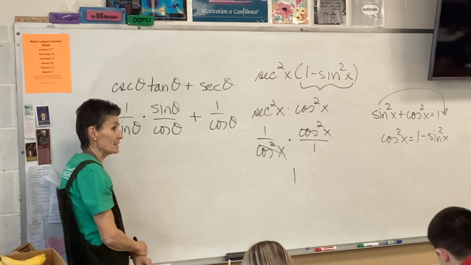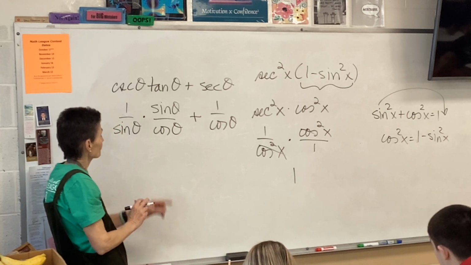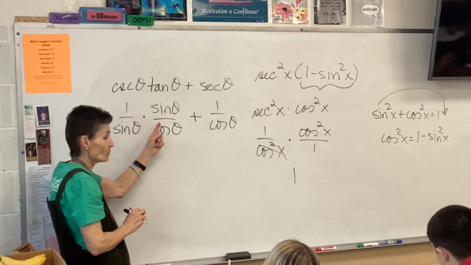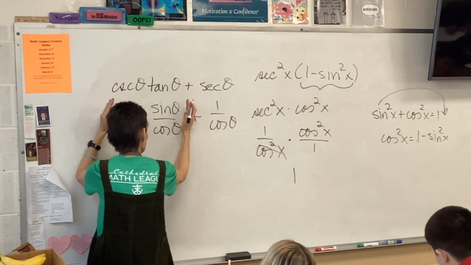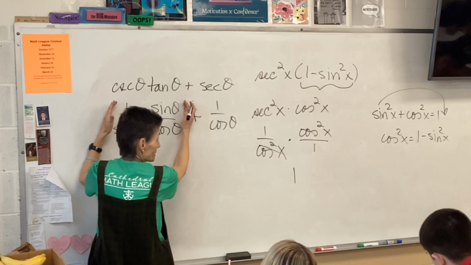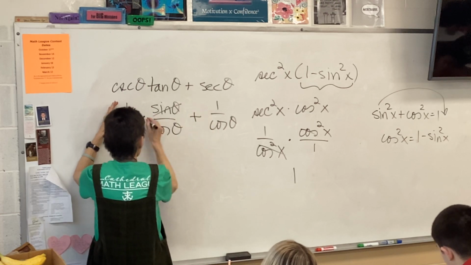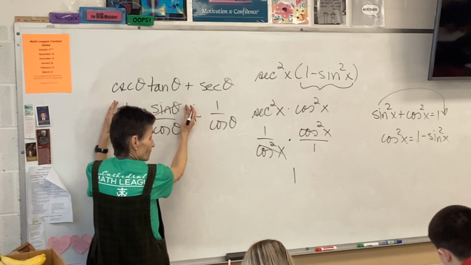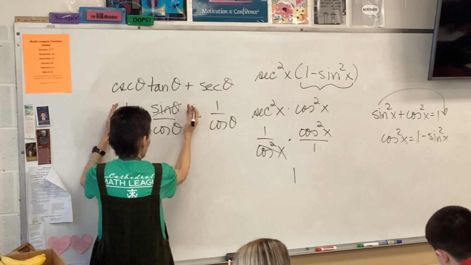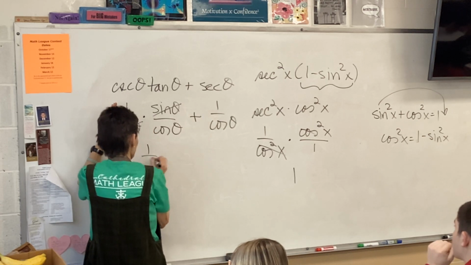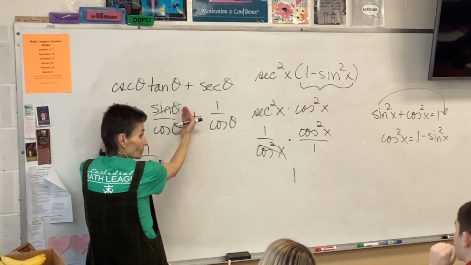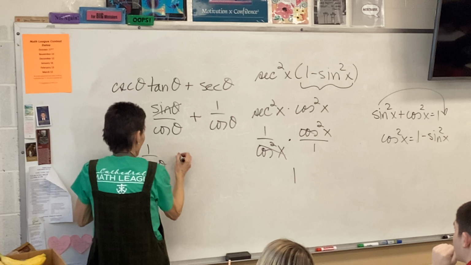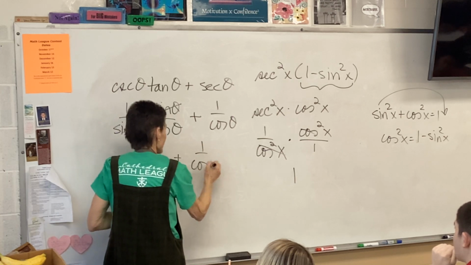Now, be careful in this problem. You see how these two are being multiplied? So that means those two you can cancel if you wish. Well, I think that would be a good idea, don't you? So in between my hands just equals 1 over cosine, right? And then plus another 1 over cosine.